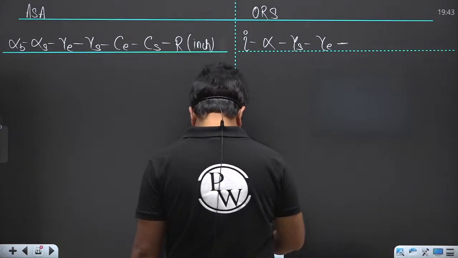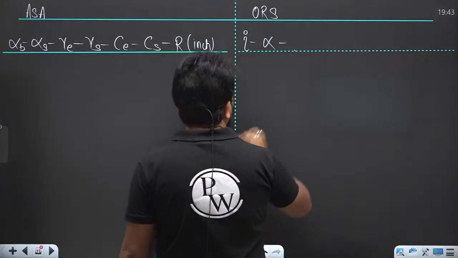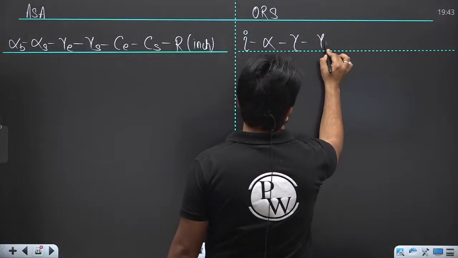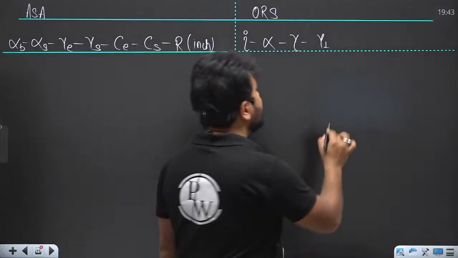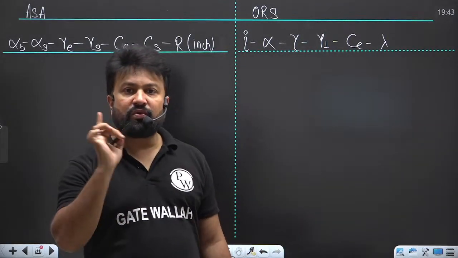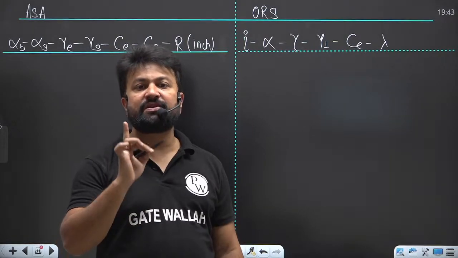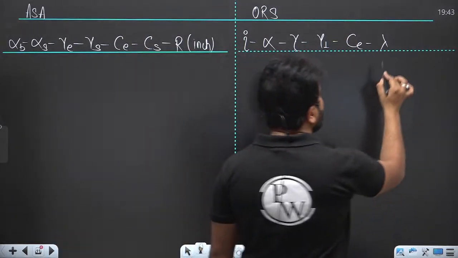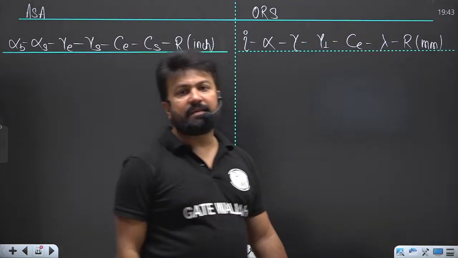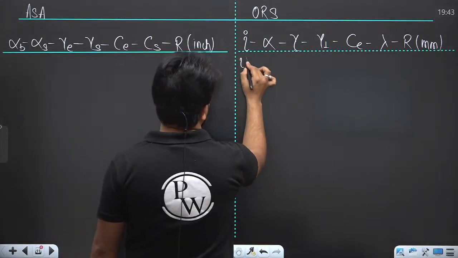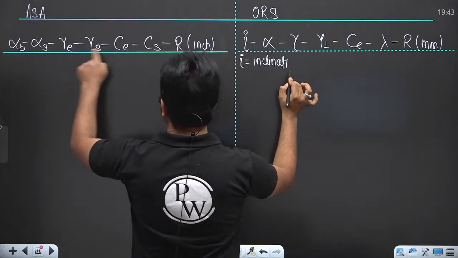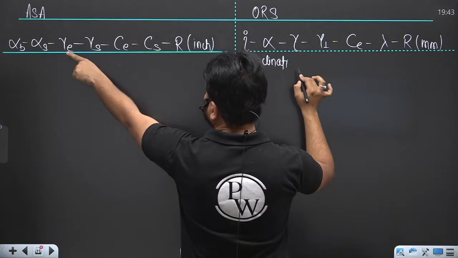Basically, we are measuring in different planes. So let me write down here: side relief angle, end relief angle, and the next is the end cutting edge. Then lambda, that is the approach angle, the principal cutting edge angle, and we end with R in mm. I is the inclination angle.